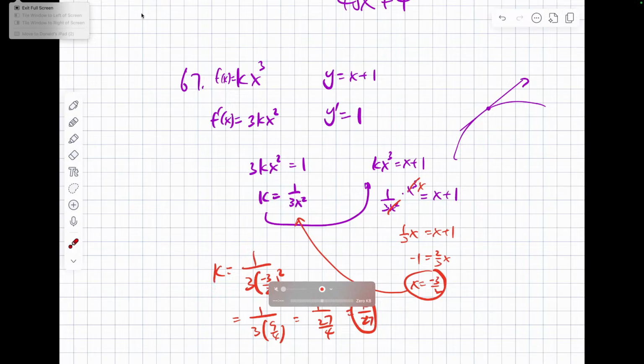Questions? Any other questions you want to go over? For 1A and 1B, do we just find the value of x for 1B? I mean, 57.